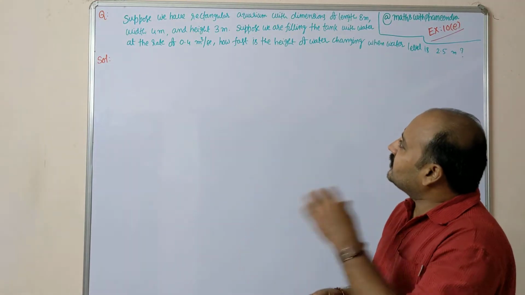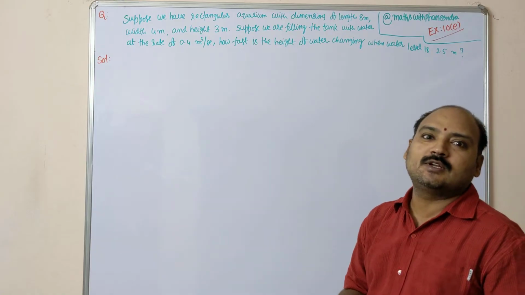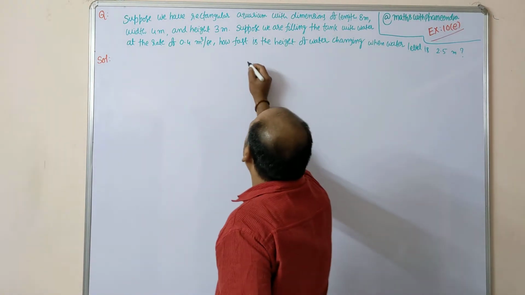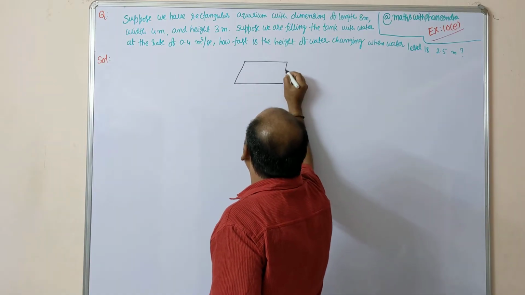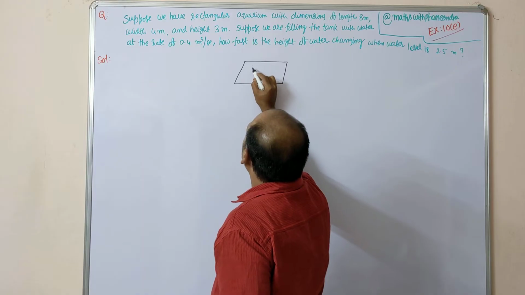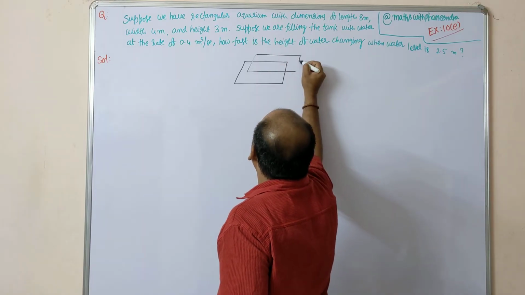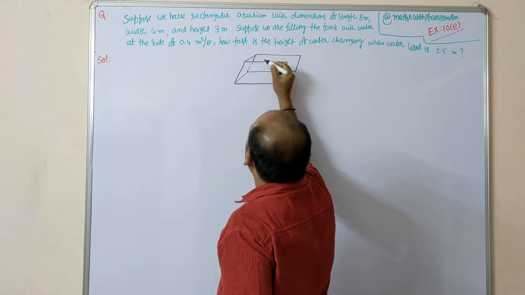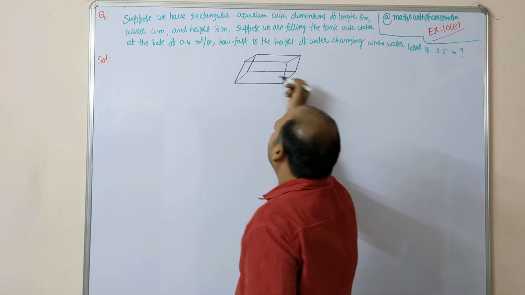The rectangular aquarium with dimensions, we can consider as a rectangular open box, like this it will be, in three dimensions.